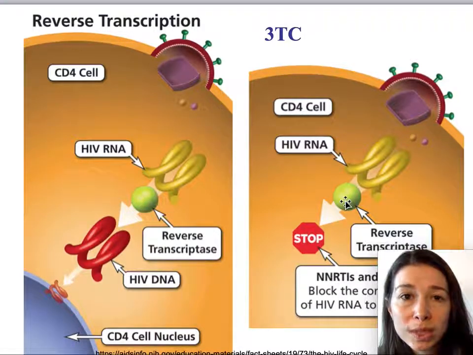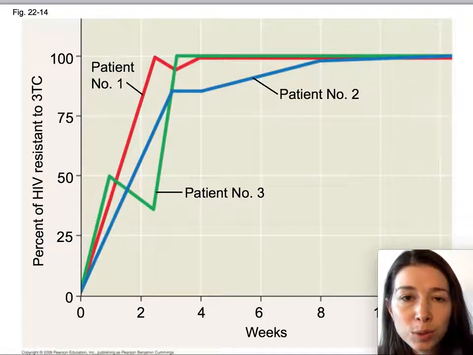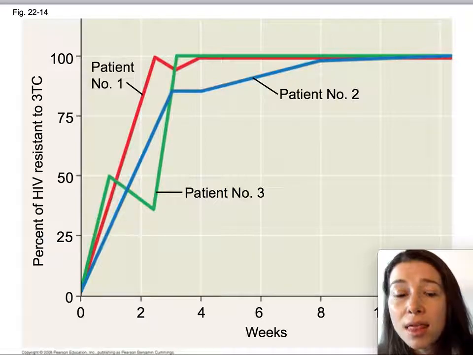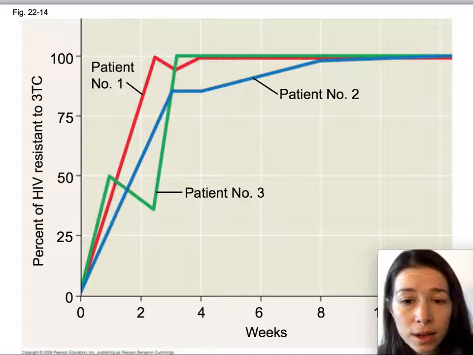But once you introduce that drug, all of a sudden, this type of virus that has a mutation in that protein has an advantage. And over time, we are going to kill off all of the viruses that don't have the mutation that makes it resistant, and over time, the virus that has the resistant mutation is going to propagate and take over. So in several patients, people have looked at the percent of HIV that has this mutation that makes it resistant versus the others, and we can see it starts off very low because, like I said, that mutation actually is not necessarily good for the virus on a regular basis.